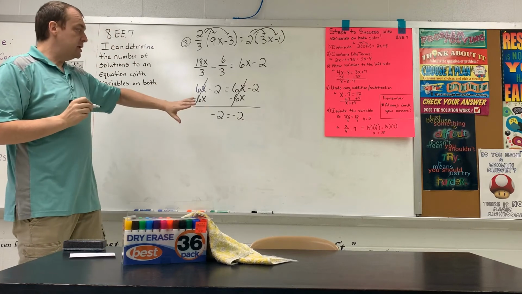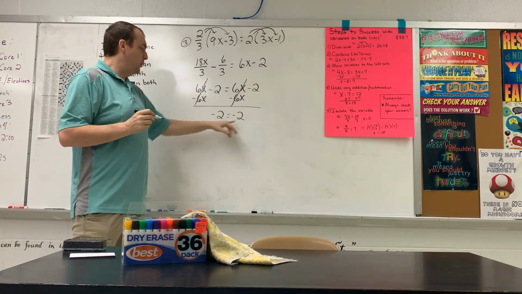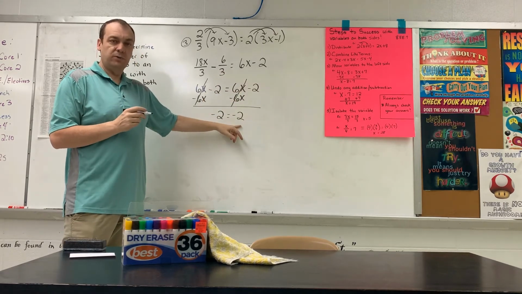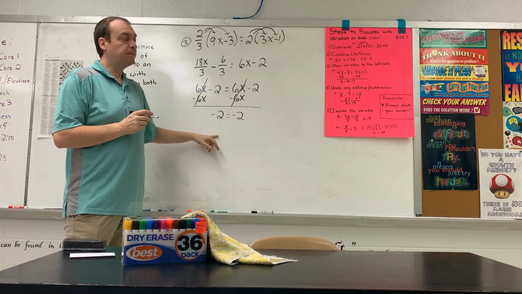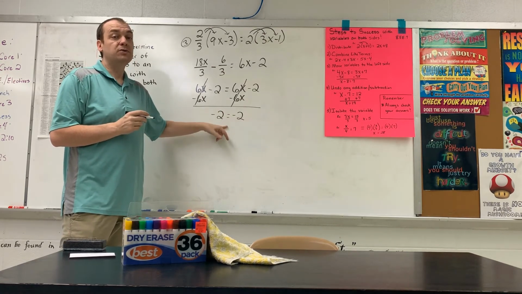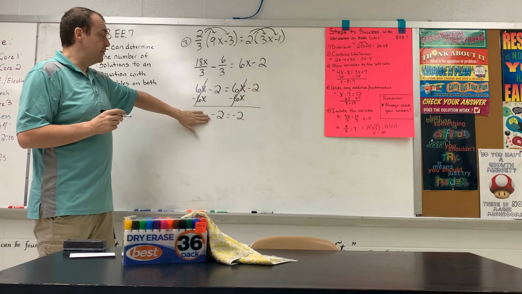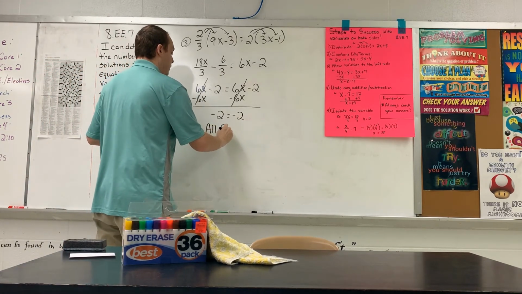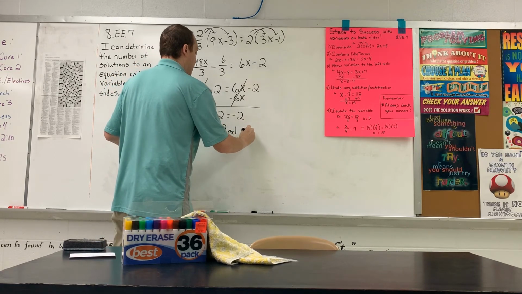Now, here's the difference from the last problem. The last problem we ended up with 2 equals 7, and it wasn't true, so it was no solutions. This one equals -2 equals -2, which is a true statement. If this statement is true, your answer is all real numbers.